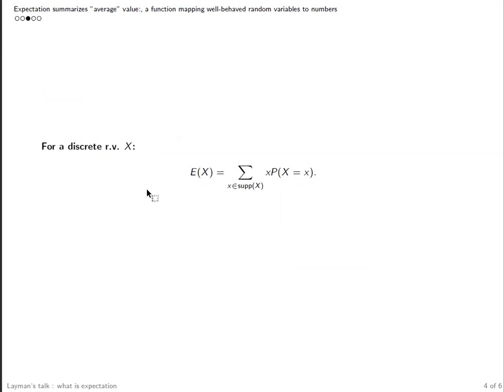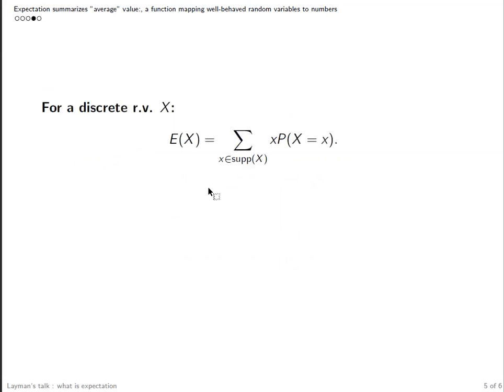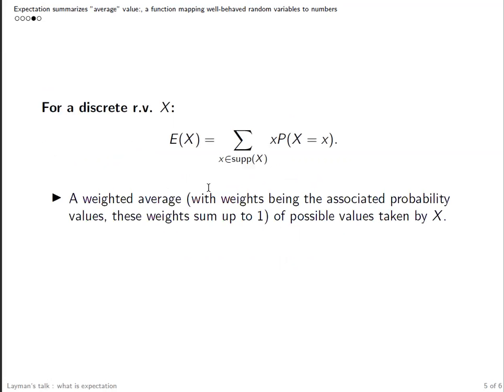So for a discrete random variable X, this is what we work with for the expectation. How do we determine the expected value for a discrete random variable X? It essentially equals a weighted average of possible values taken by X, and those weights are the associated probability values.